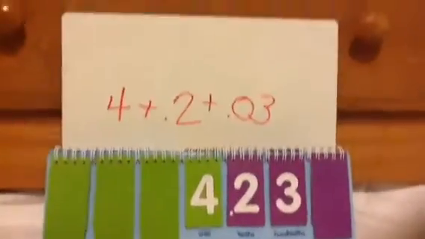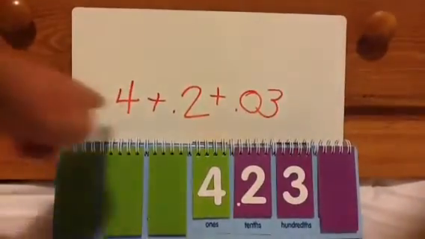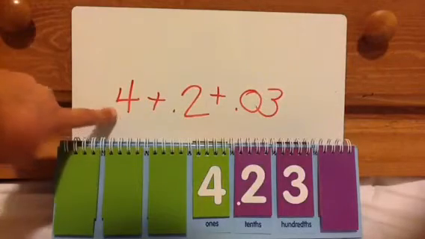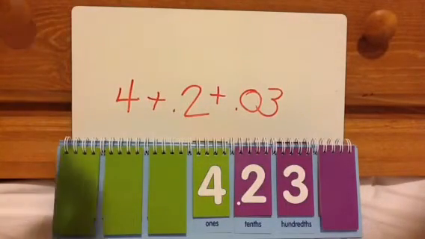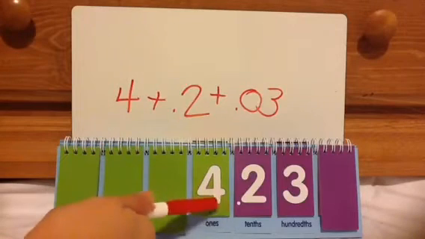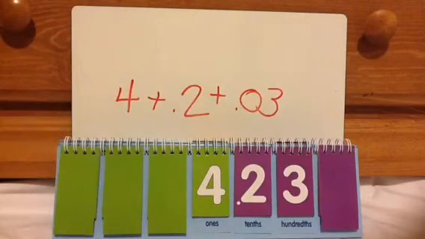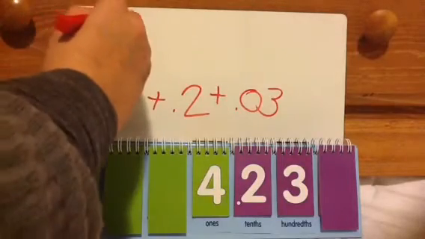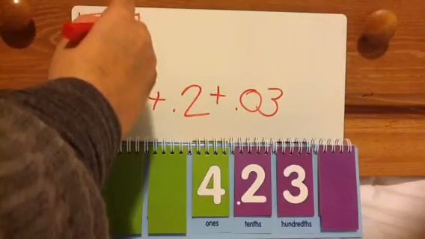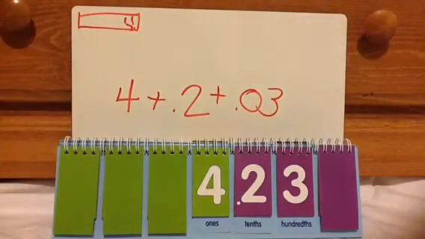Now, sometimes this confuses people because they're like, wait, what's that? And how do I connect it all? So every whole number has this invisible decimal after it. And that decimal only comes up if you're actually dealing with decimals. But if you've ever noticed on calculators, sometimes your number is right there and then there's this little decimal in the corner.